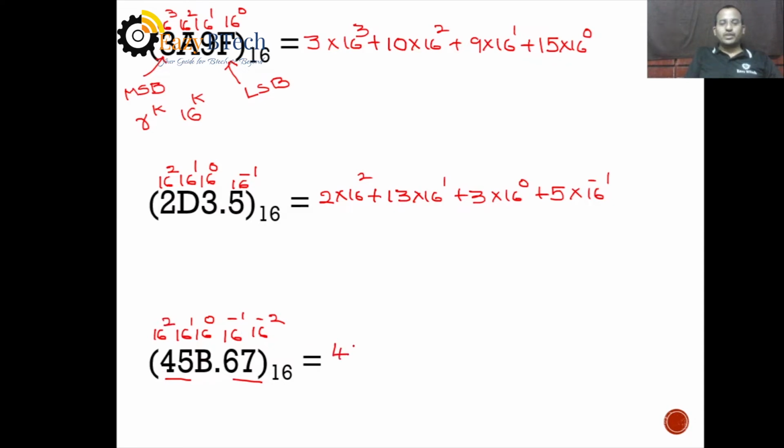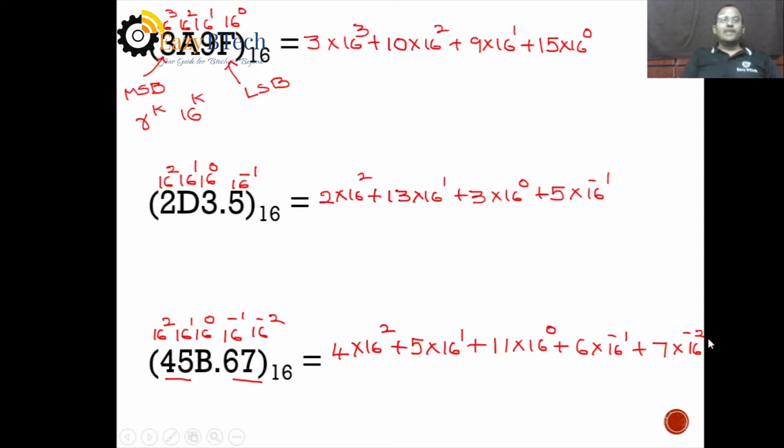So 4 into 16 power 2 plus 5 into 16 power 1 plus B means 11 into 16 power 0 plus 6 into 16 power minus 1 plus 7 into 16 power minus 2. So this is how we will represent the given hexadecimal number with respect to positional weights, right?